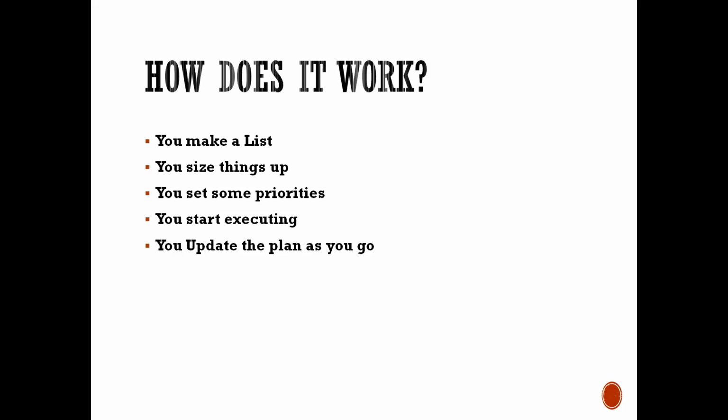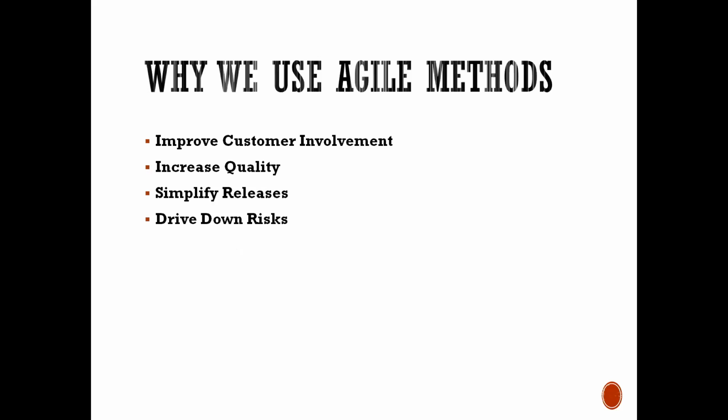At this point, you can either cut scope, or push the date and ask for more money, where I recommend you do less and cut scope. And the next point is why we use agile methods.